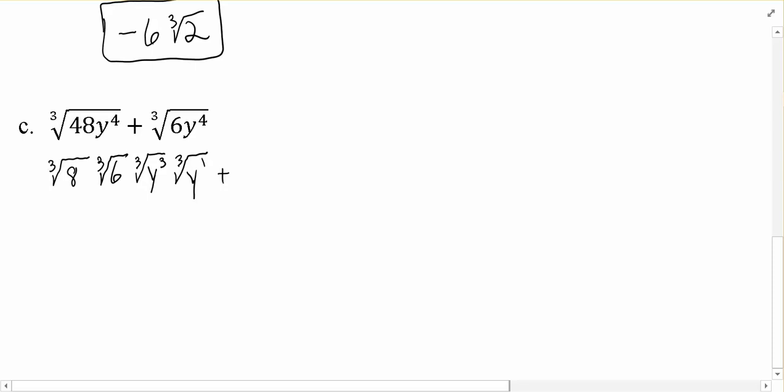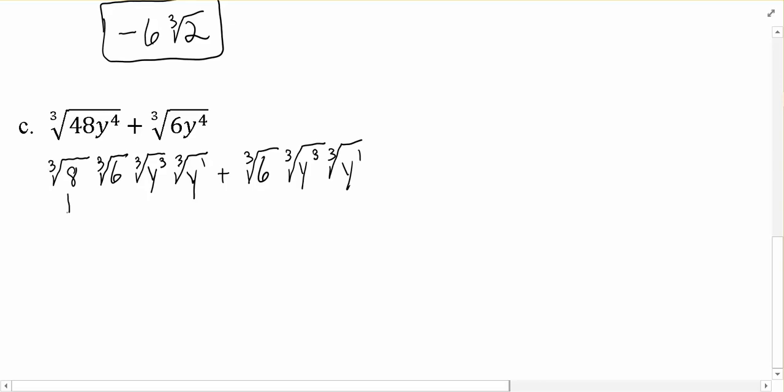And then we're going to look at the second guy. Cubed root 6 doesn't simplify, but the cubed root of y to the 4th, I could break that up as y cubed and y. There's my break it up step.